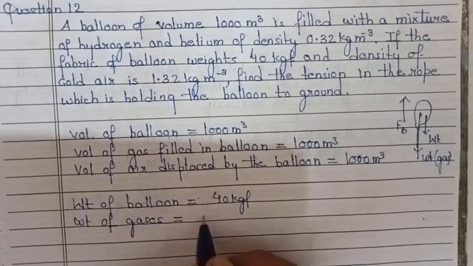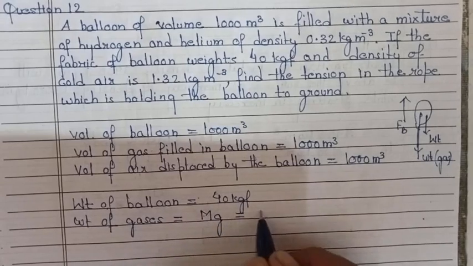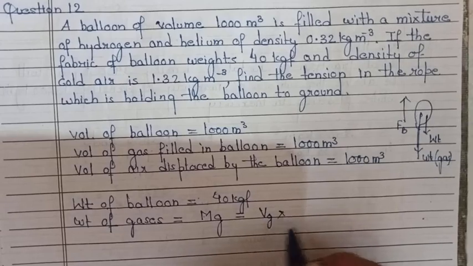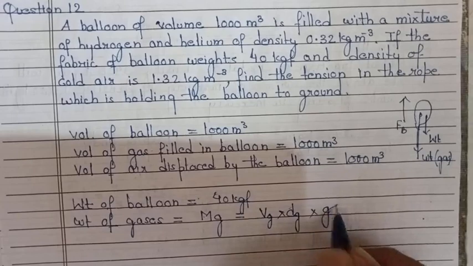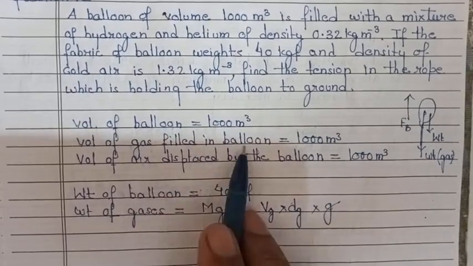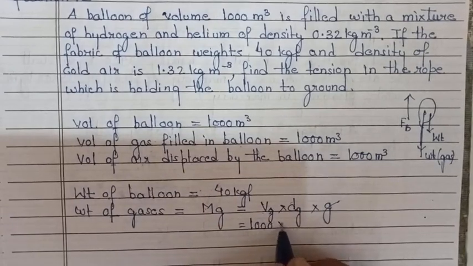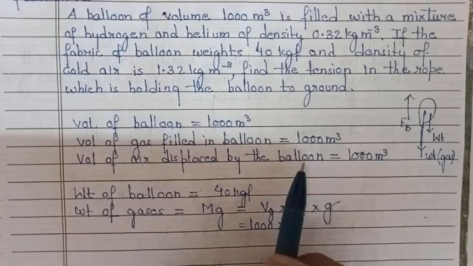Now to get the weight, you must know the mass. If mass is not known to you, you must know the volume of the gas into the density of the gas, then into gravity. Now the volume of the gas is known to us, 1000. The density of the gas is given in the question.